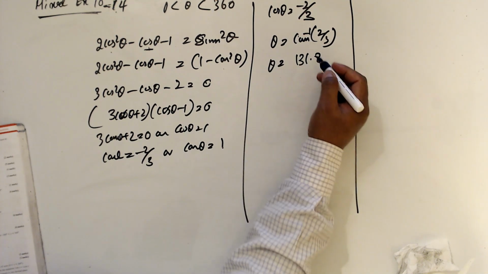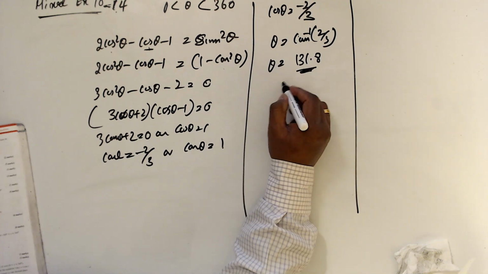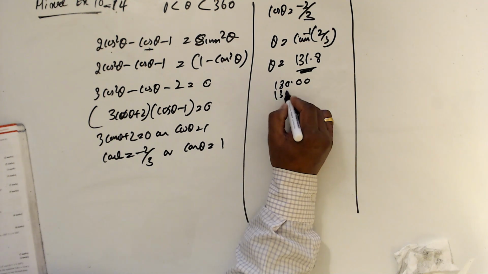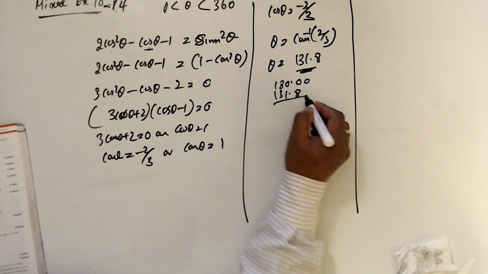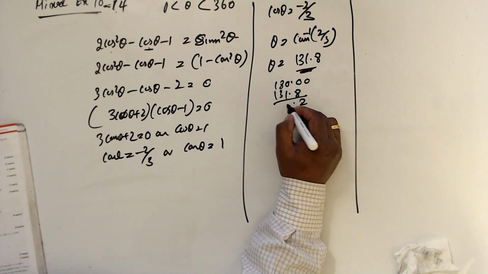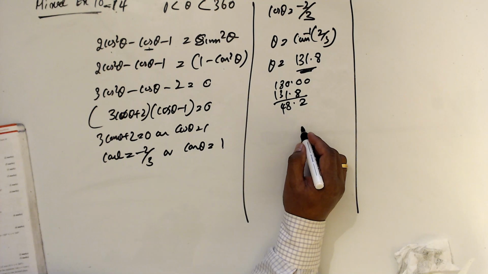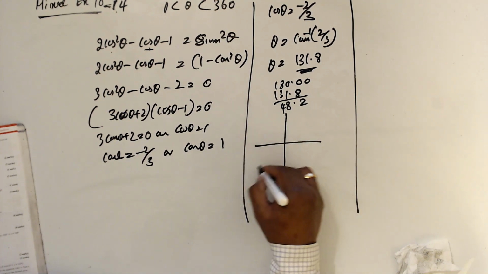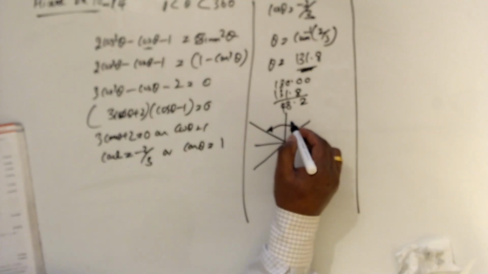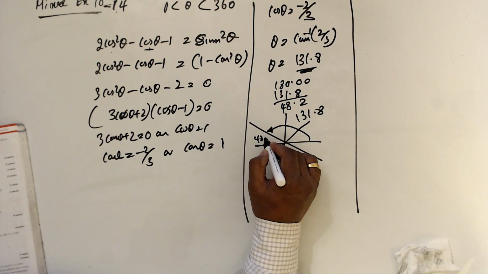Theta equals 131.8. So this is an obtuse angle. We'll find the acute angle, 180 minus 131.8, which is 48.2. So this is 131.8, and this is 48.2.